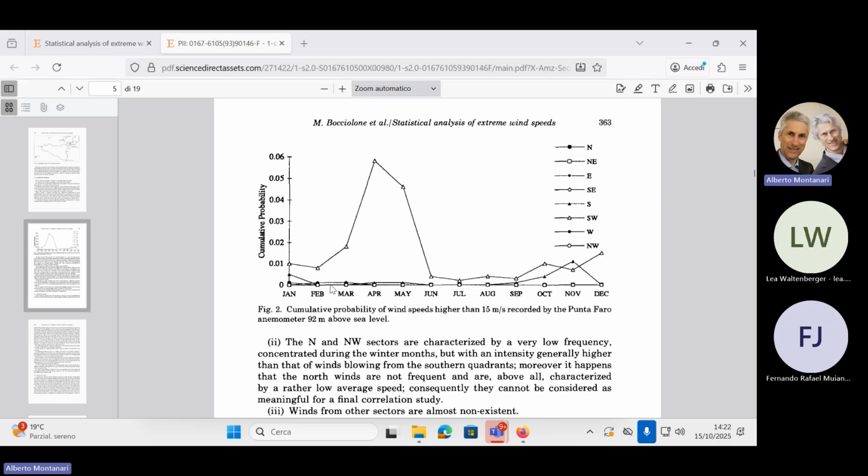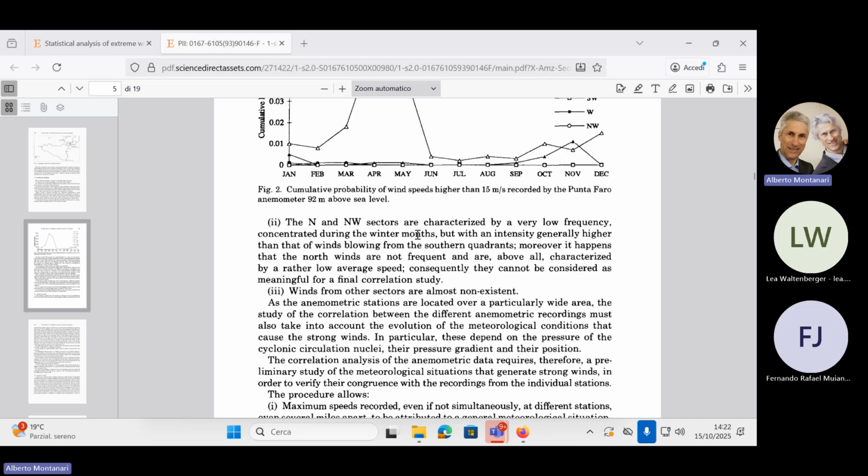No, it's a cumulative because it's in the different months, sorry. So it's cumulative probability of wind speed higher than 15 meters per second recorded by the Punta Faro anemometer 92 meters above sea level. There are different curves for different directions. Good. Because wind, the measurement is not just velocity, it's velocity and direction, okay?